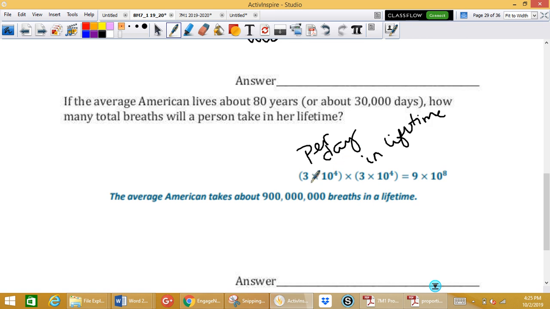We're going to multiply them. So 3 times 3 is 9. And 10 to the 4 plus 4 is 10 to the 8th. So 9 times 10 to the 8th is about 900 million breaths in a lifetime.